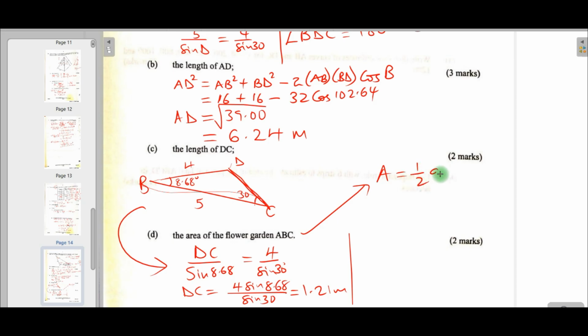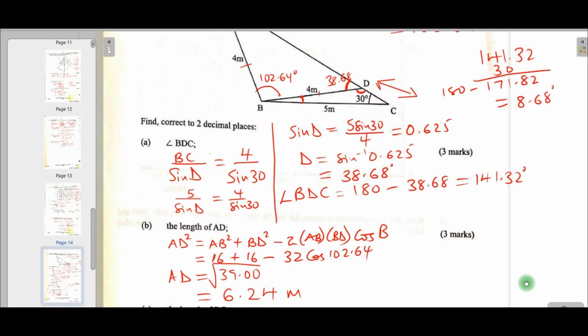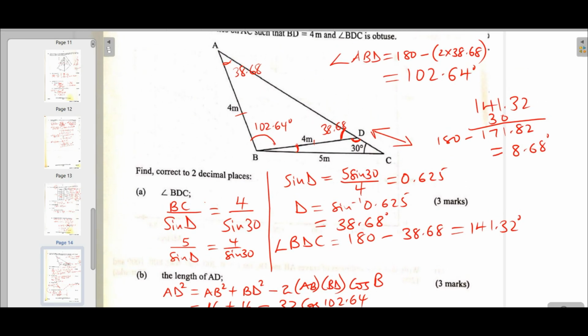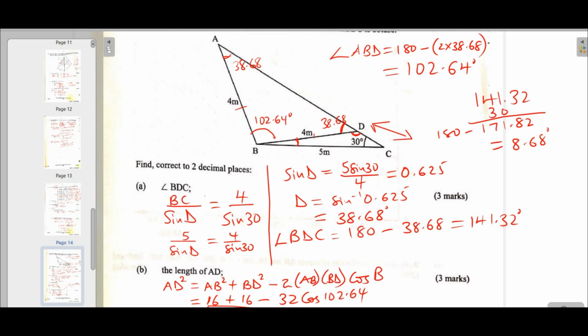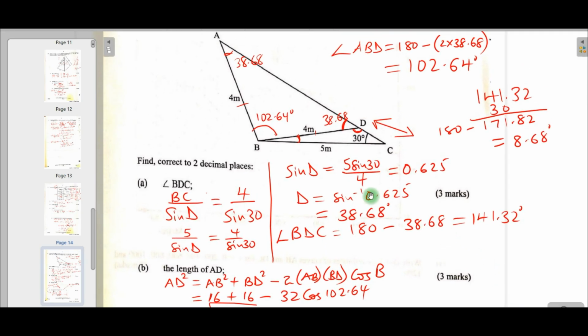In this case, we shall consider the angle at B, and these sides AB and BC.